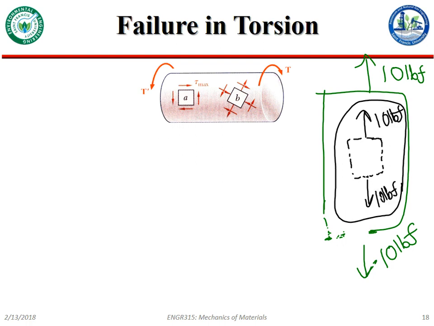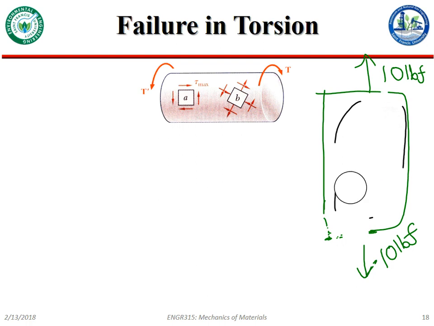However, if we take a different brick, I'm going to arbitrarily draw one that's oriented at a 45-degree angle here. That same force of 10 pounds is going to create different shear forces and different normal forces on this brick, right?